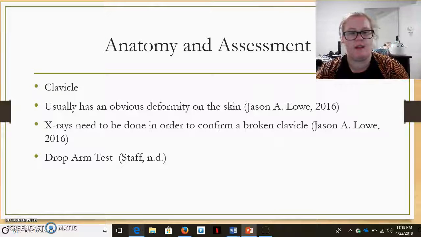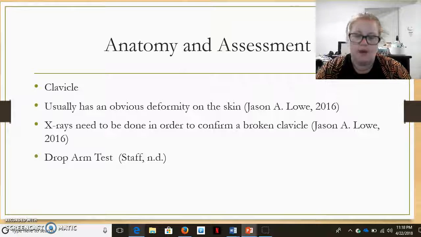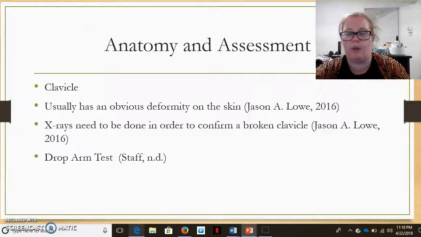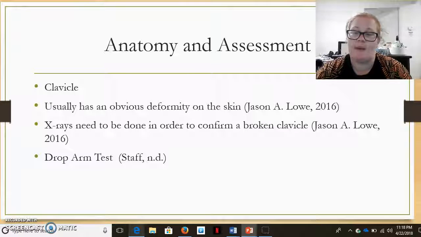So a test that can be done is a drop arm test. So you're going to fully abduct your arm so that you lift it out to your side and above your head. Then slowly and with a controlled motion, return it back to the side. Now, difficulty in producing a smooth movement with the arm dropping back to the side.